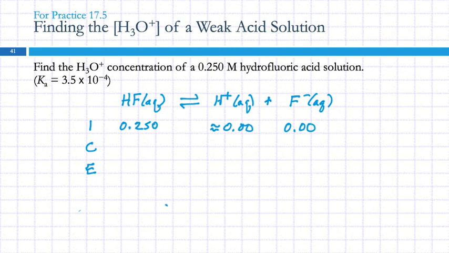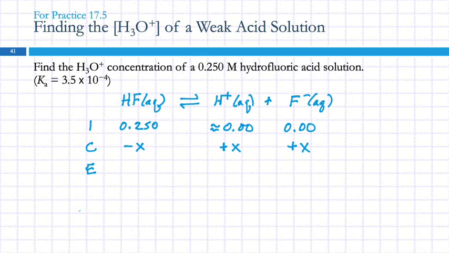Then we're going to look at how this changes as the solution comes to equilibrium. The reaction can only go in the forward direction, so HF is going to change by minus x, H plus will change by positive x, and the fluoride will change by positive x. If we had coefficients, then those coefficients would be on those x's.